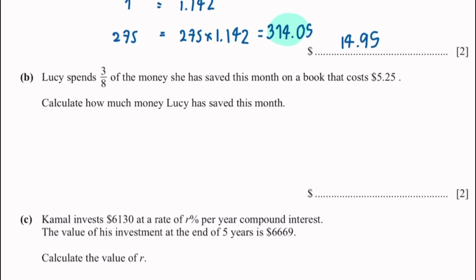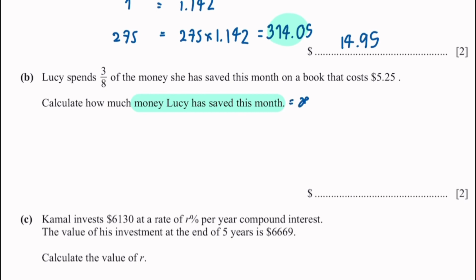Next, Lucy spends 3/8 of the money she has saved this month on a book that costs $5.25. Calculate how much money Lucy has saved this month. So I will represent the money Lucy has saved this month as x.